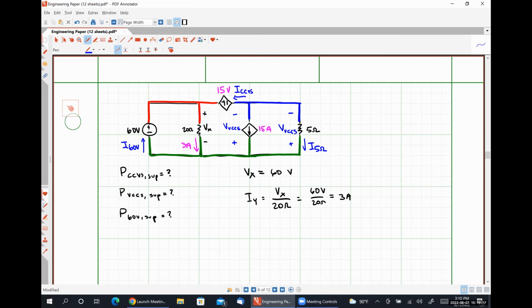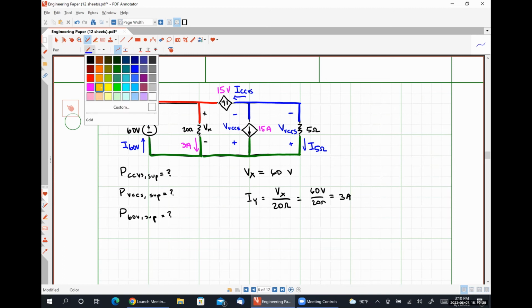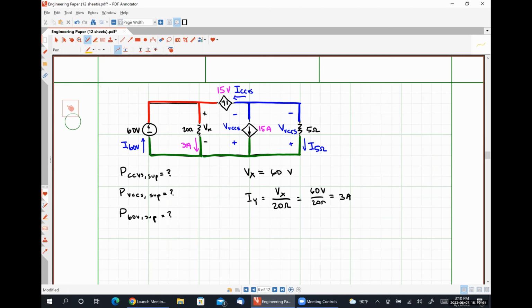All right, I'm going to give you a hint, okay? As we just discussed, this voltage VCCS is a pretty important thing because that will effectively allow us to calculate two of the three powers that we're looking for. So one way that we could go about solving for that particular voltage is by applying Kirchhoff's voltage law around this loop.